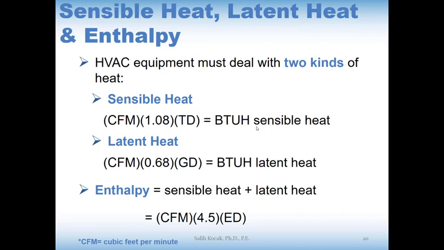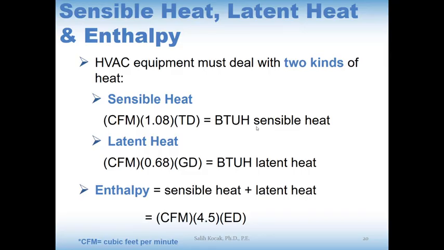And if we are gonna do this for the heat gain of the latent heat, it's gonna be CFM times 0.68 as the multiplier, and this time instead of temperature difference it's gonna be the grain difference. Why is the latent heat related to the grain difference? Because we are talking about the water vapor in the air. That's why we have to get the grain difference.